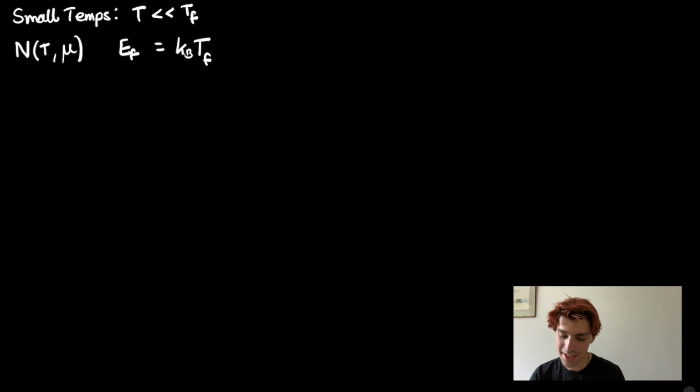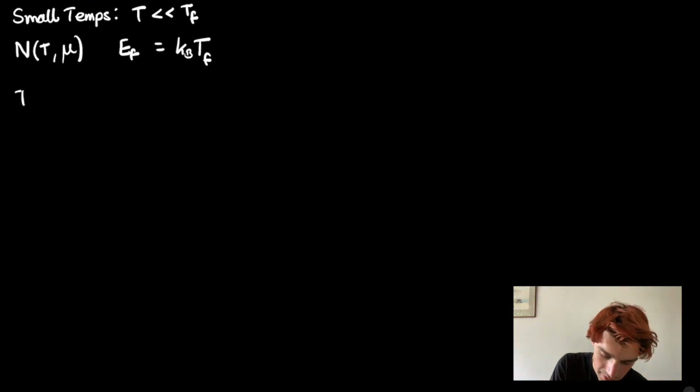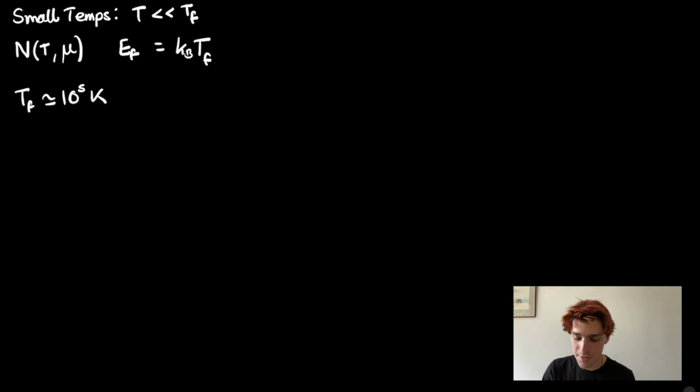So this is useful to derive, even for things at room temperature, because the Fermi temperature is around 10 to the 5 Kelvin, which means that even at room temperature, in the case of fermions, you can get these quantum effects. You don't know it, of course, just by looking at a slab of metal. You don't think it's exhibiting quantum effects. Fermions within the metal are in fact highly degenerate and are basically governed in this regime by the Pauli exclusion principle, and things like the Fermi energy are important.